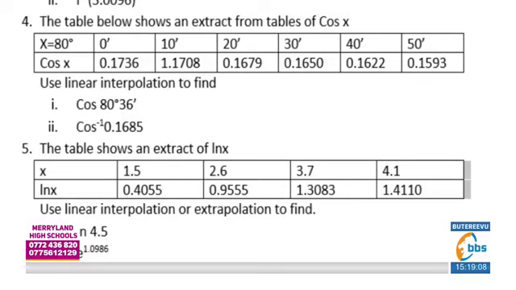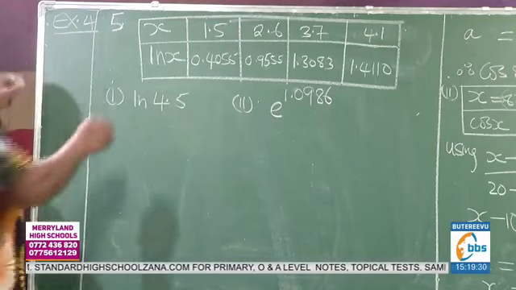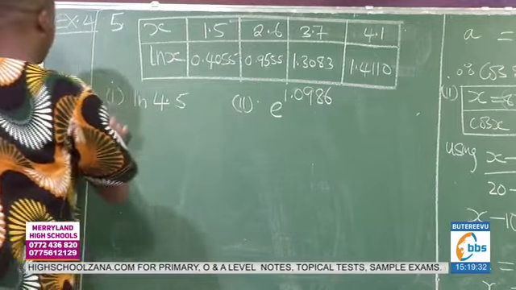For this number, they tell us to find the ln of 4.5, and in part 2, they tell us to find e to the power 1.0986. They are saying it is an extract of ln, which we are calling natural log.